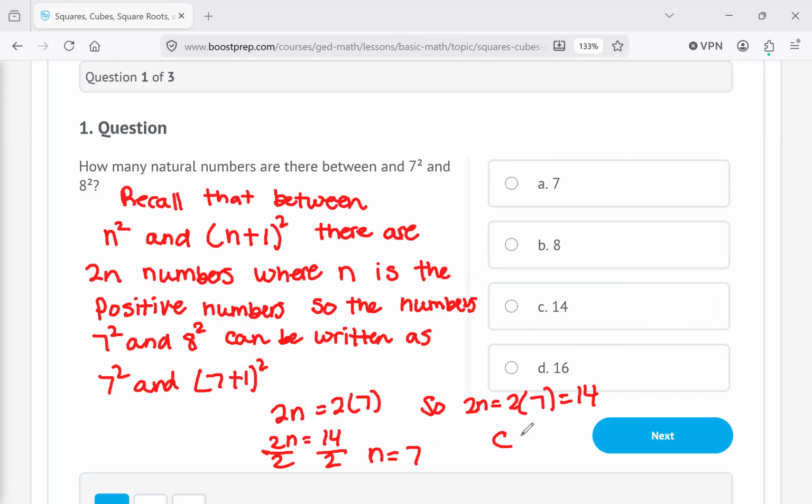So 2n equals 14. How many natural numbers are between 7 squared and 8 squared? It would be 14.